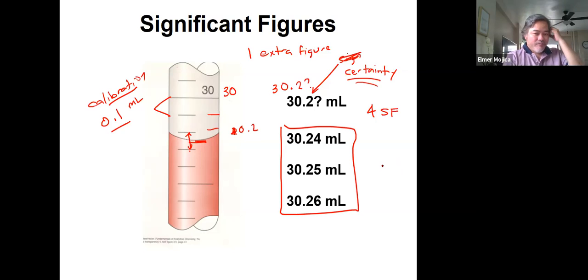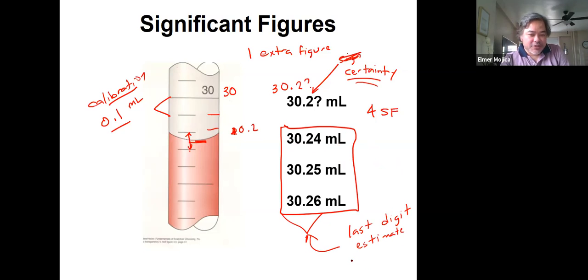Anyone? What information does it tell you if you have data like this one? The information that it tells you is that the last digit you have there is an estimate or an uncertainty.